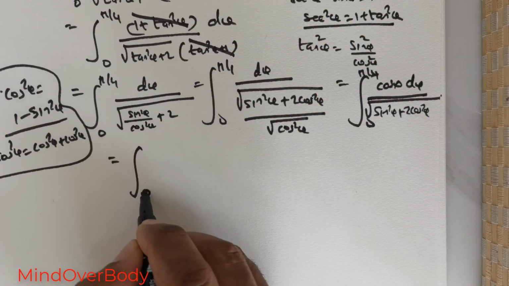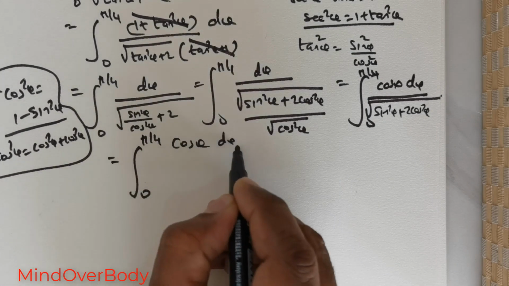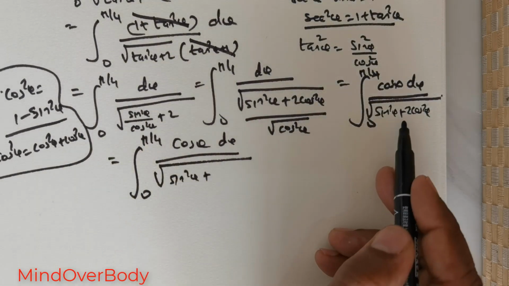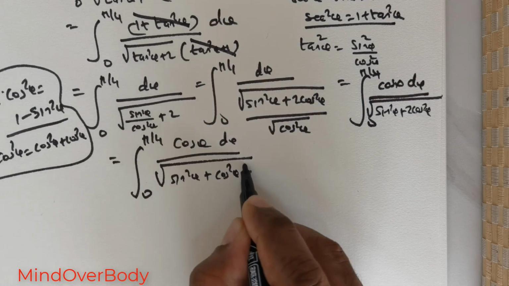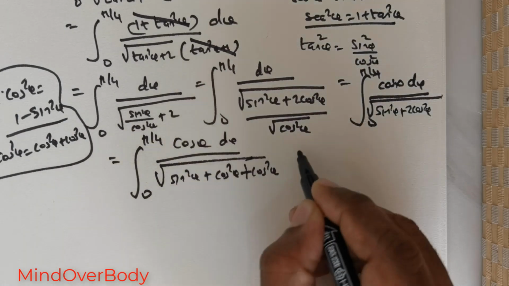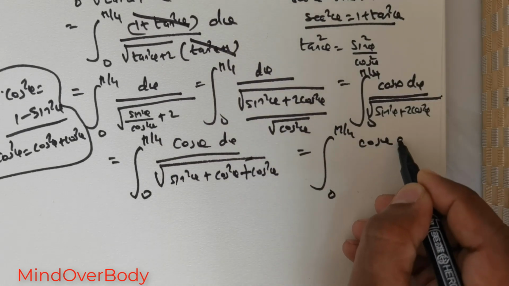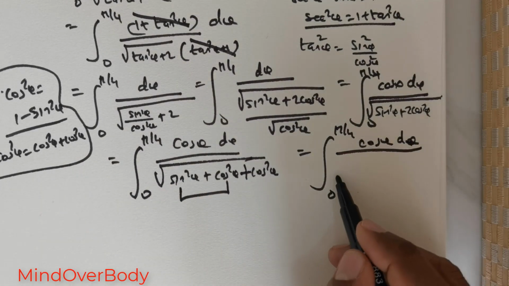So this is equal to 0 to pi over 4 cos theta divided by root of sin square theta. As I mentioned to you, 2 cos square theta is going to be written as cos square theta plus cos square theta. This is equal to integral 0 to pi over 4 cos theta d theta divided by sin squared plus cos squared, which is 1.